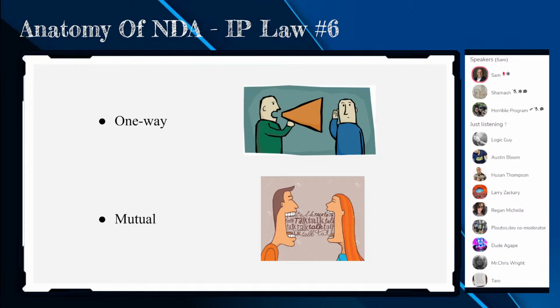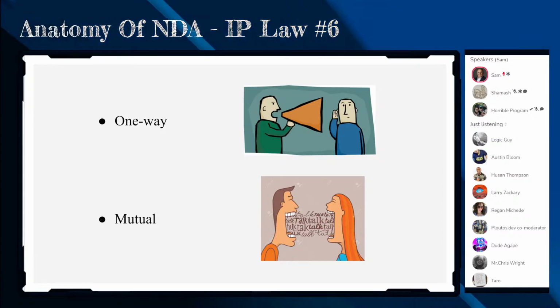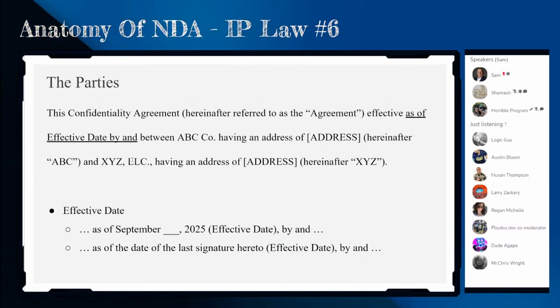There are two different ways of introducing the effective date. You can actually give it a date. The first drafts of the agreement will have "as of September blank of 2025" as the effective date, so when you go ahead and sign the agreement, you can fill that in.